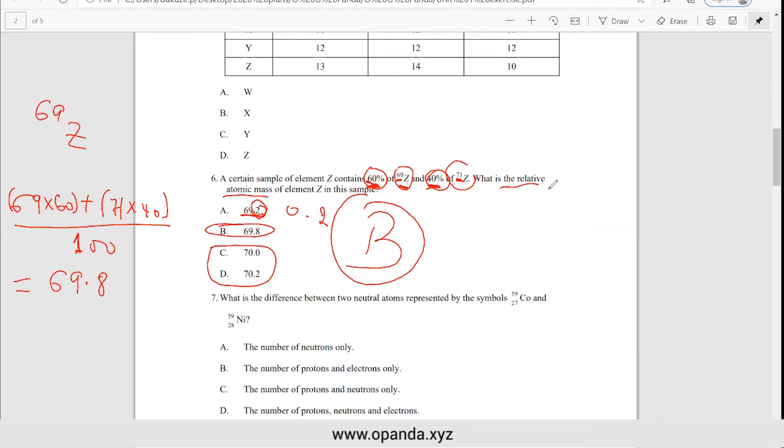Frank, is it clear why it is B? Yeah, it's clear. Good. And so let's go to the next question.